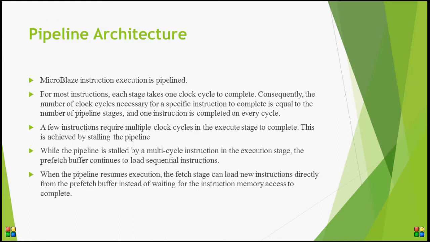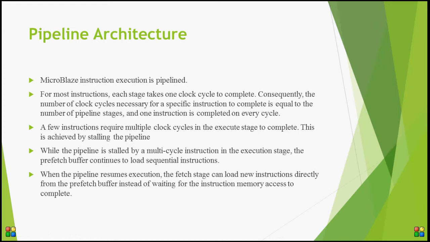Pipeline architecture. MicroBlaze instruction execution is pipelined. For most instructions, each stage takes one clock cycle to complete. Consequently, the number of clock cycles necessary for a specific instruction to complete is equal to the number of pipeline stages, and one instruction is completed on every cycle. A few instructions require multiple clock cycles in the execute stage to complete.